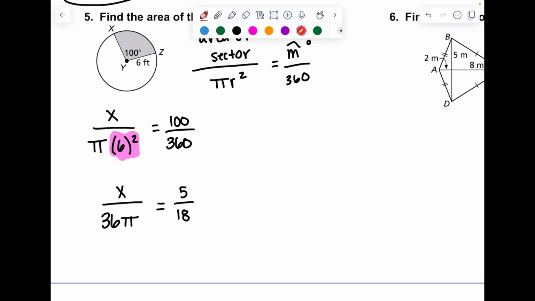And then we can cross multiply. So 18 times x is 18x. And then we need to do 36 pi times 5. So 36 times 5 is 180 pi.